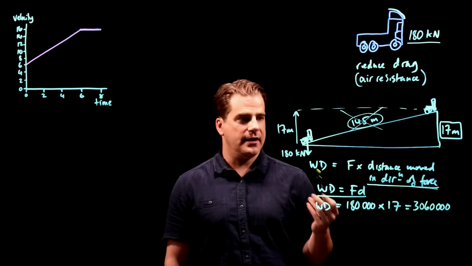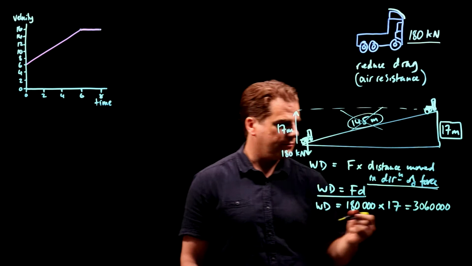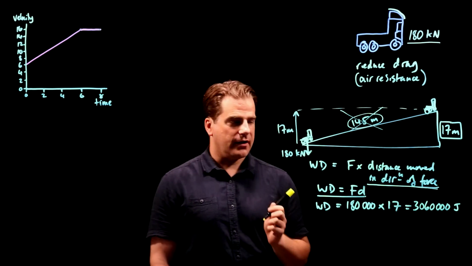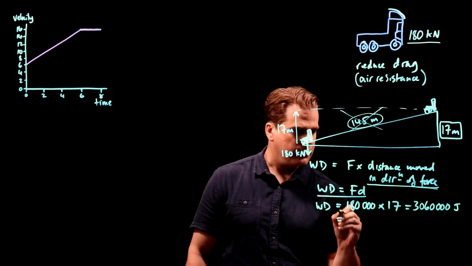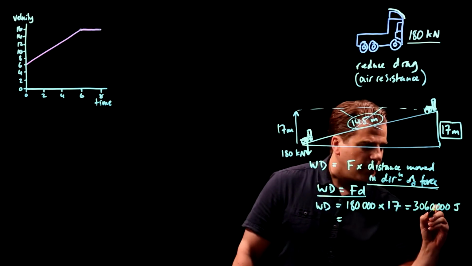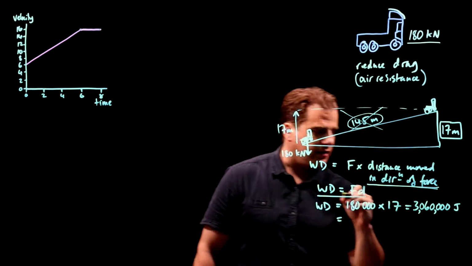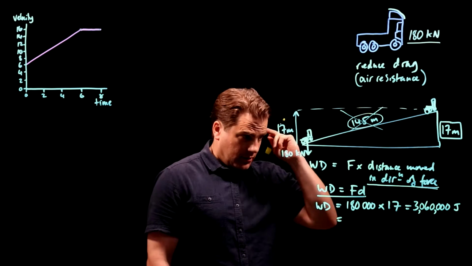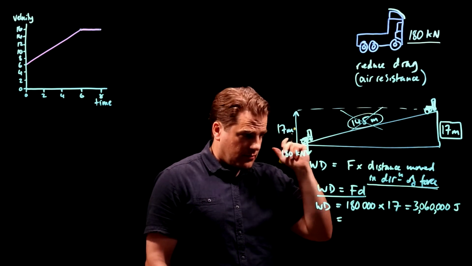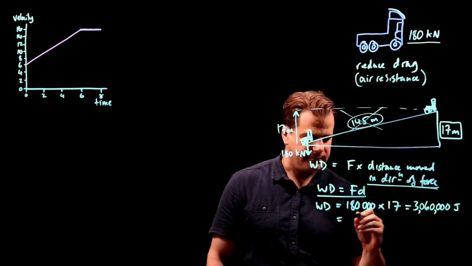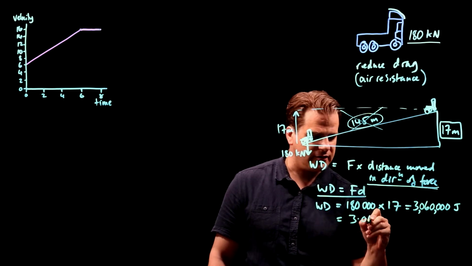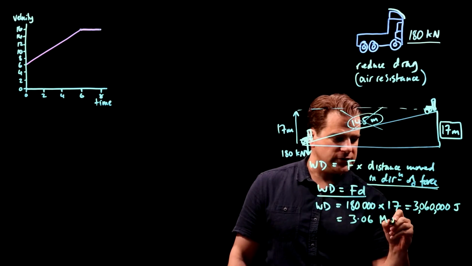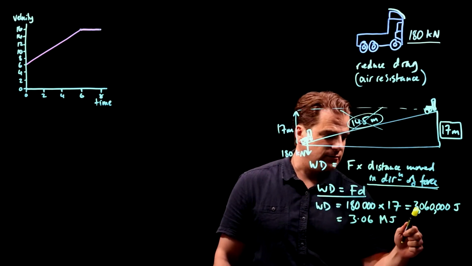So work done, energy unit is joules. We're not going to leave it like that. There's a number of ways we can express this. You could say 3.06 megajoules, million.